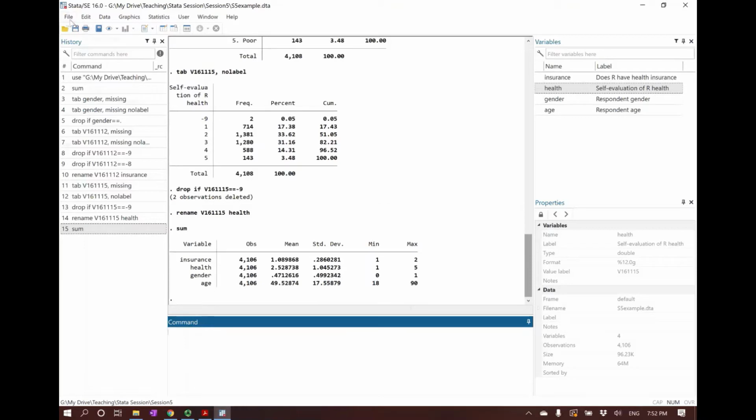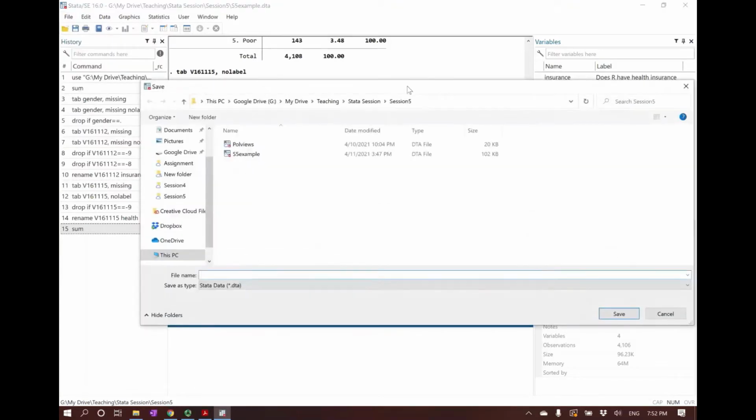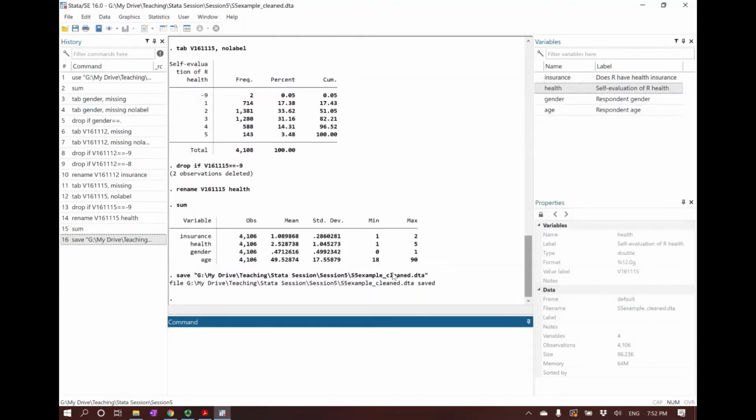So it's actually always a good idea to save another version. For example, I'm going to save it as session 5 example cleaned, so that you still have a version for your raw data and another version for your cleaned data.